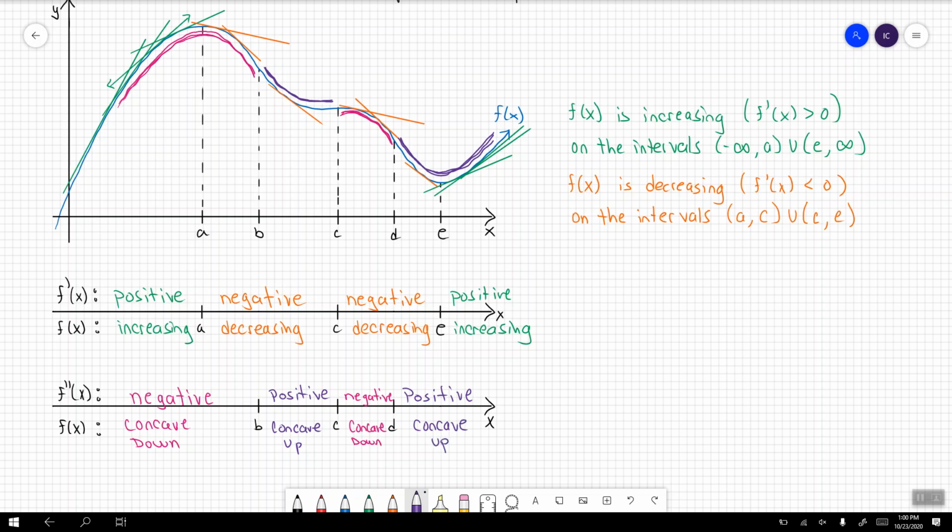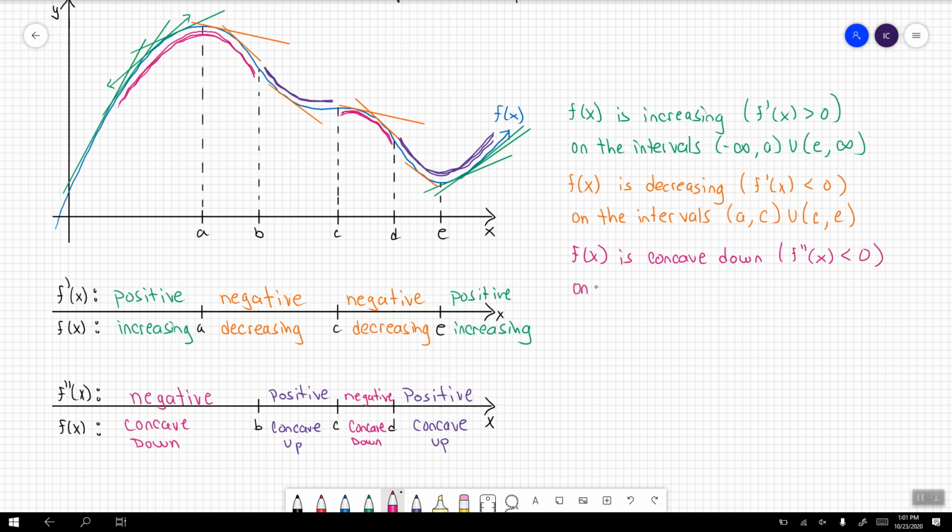Now, let's extract this into a little bit more of a proper setting. We're going to write this as f of x is concave down, meaning that the second derivative is going to be less than 0, meaning it's negative.